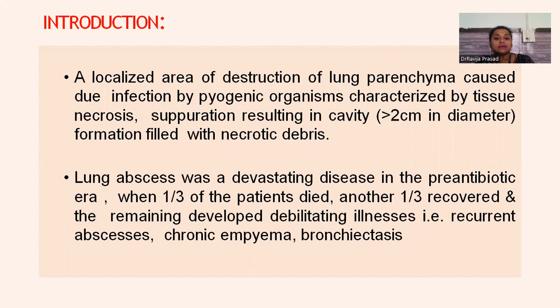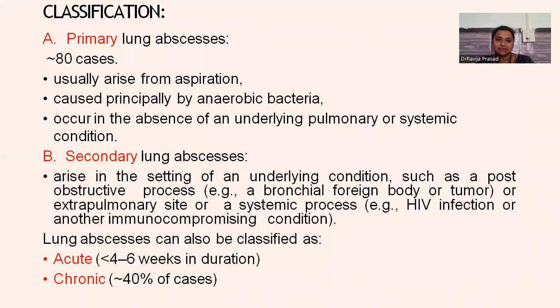Lung abscess was a devastating disease in the pre-antibiotic era when 1/3 of the patients died, another 1/3 recovered, and the remaining developed debilitating illness, for example, recurrent abscess, scarring, emphysema, and bronchiectasis.